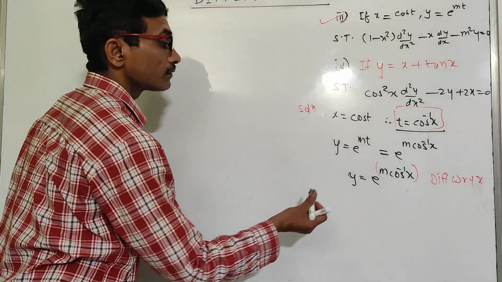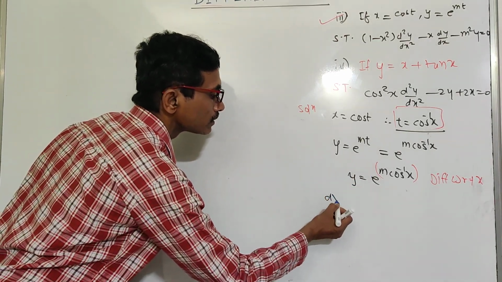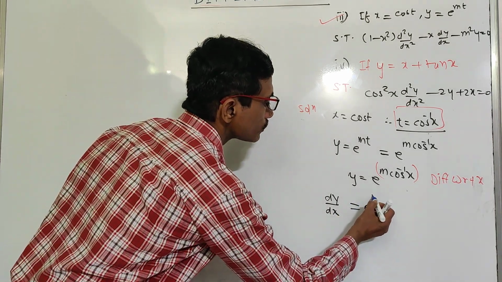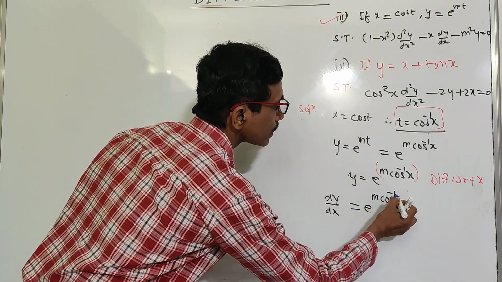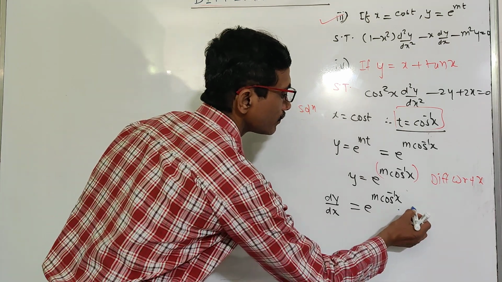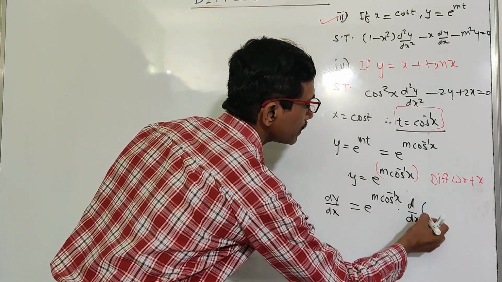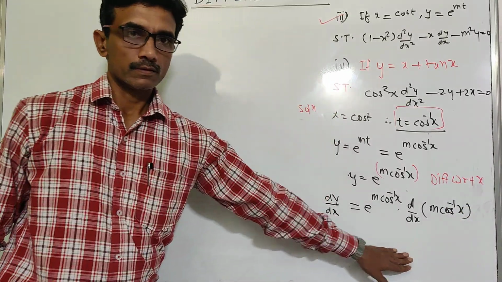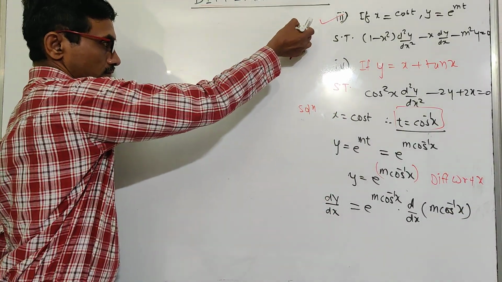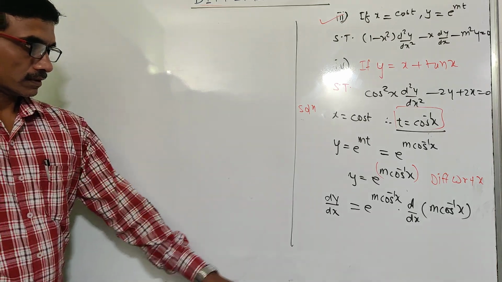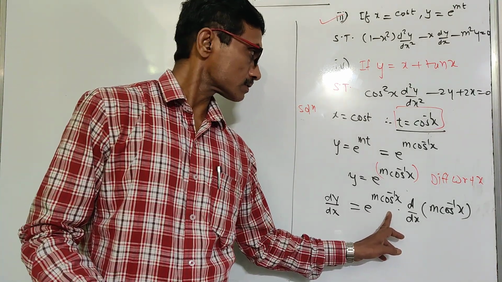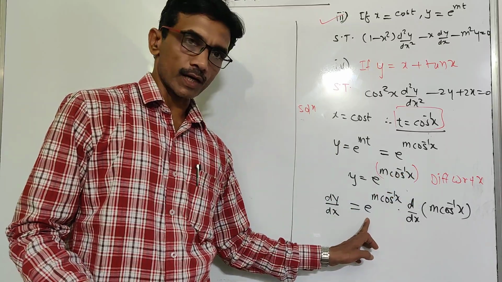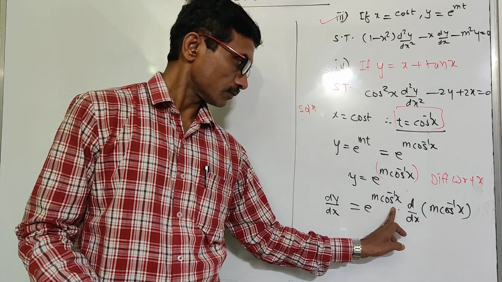So differentiating with respect to x, dy by dx is equal to e raised to power m cos inverse x into derivative of that, d/dx of m cos inverse of x. This e raised to power m cos inverse x is nothing but y. So in place of this we'll write y.